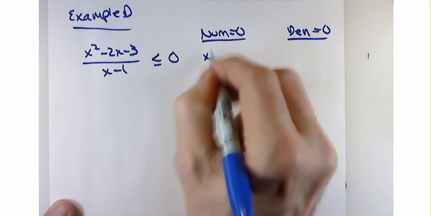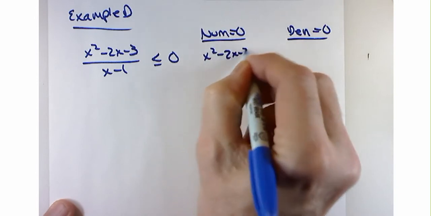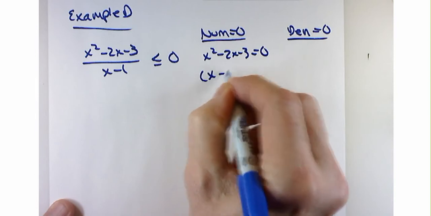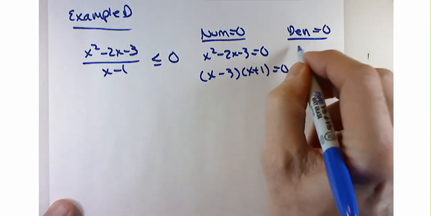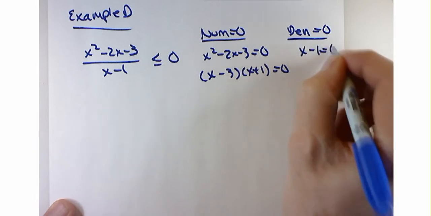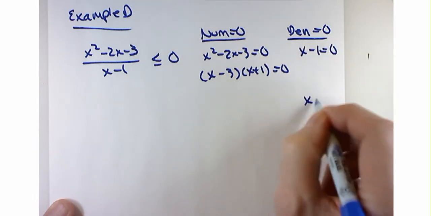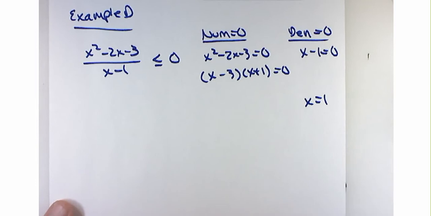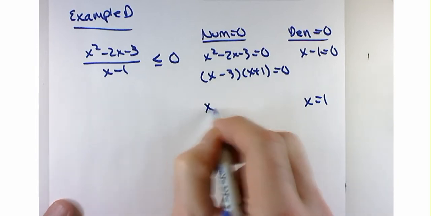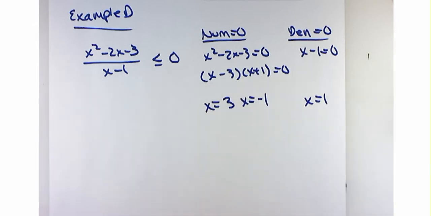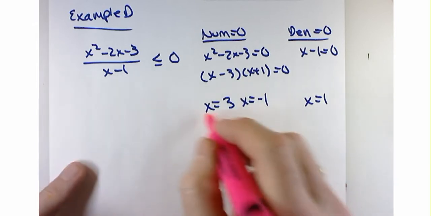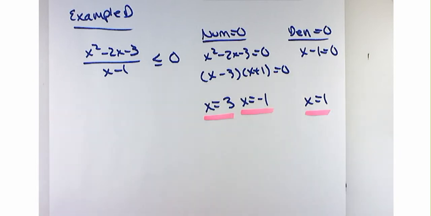So that's x squared minus 2x minus 3 equals 0, and hopefully you realize that factors. The denominator equals 0 is pretty straightforward, I just get x equals 1. The numerator equals 0 at 3 and negative 1. So those are my critical points.